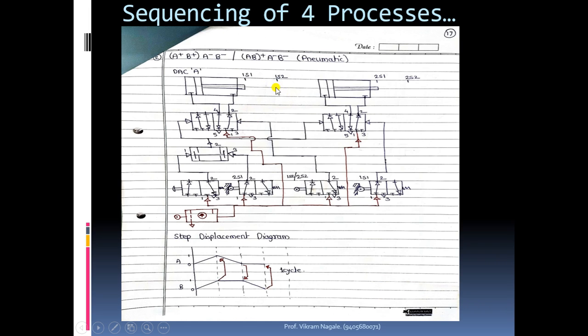Because of that the rod end present at 1s2 will start moving towards 1s1. So 1s2 will get unpressed, and as 1s2 is getting unpressed, this one is getting inactive, meaning the pressure on this side will be released.